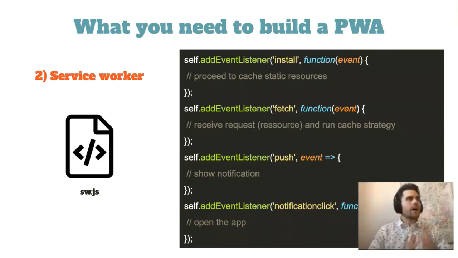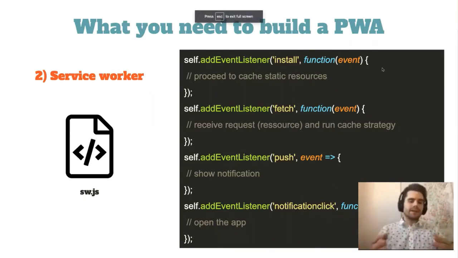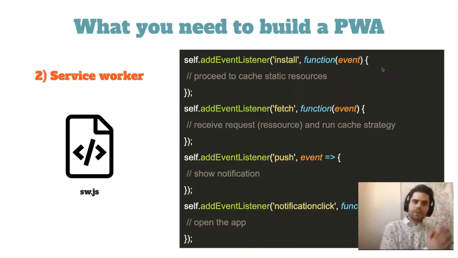In a service worker, what you basically do is listen for events. The first event you want to know about in a service worker is the install event. The install event happens when you decide as a user to install the application on your device.